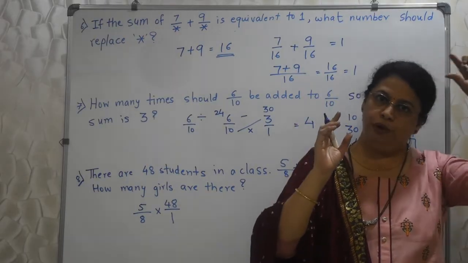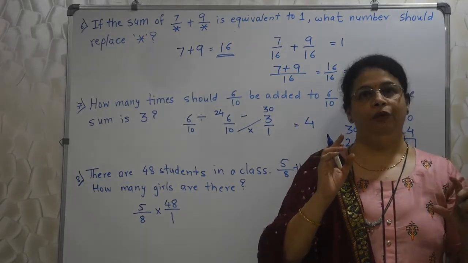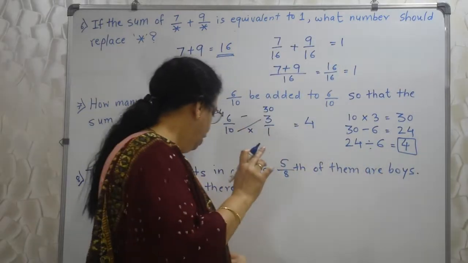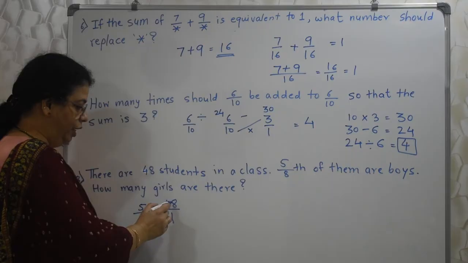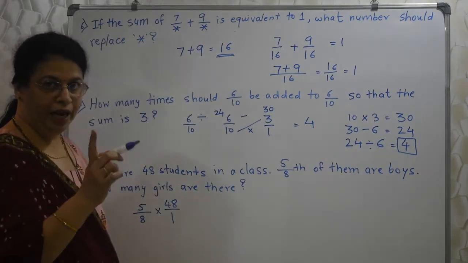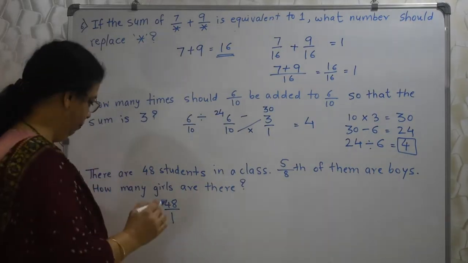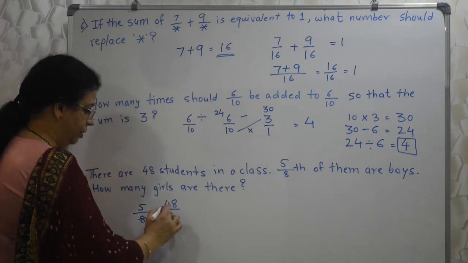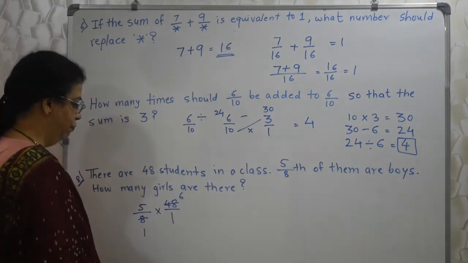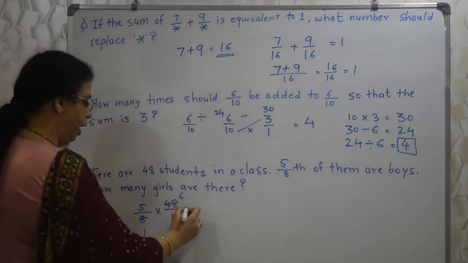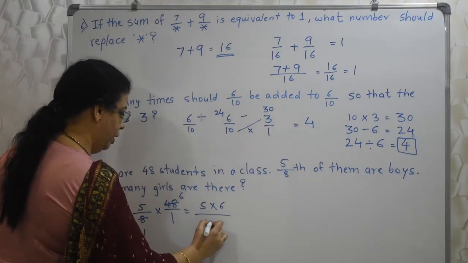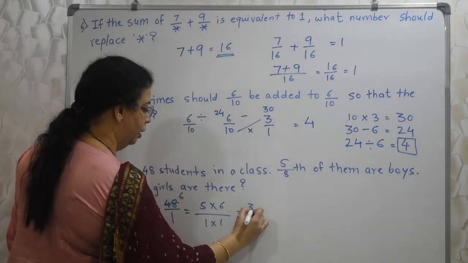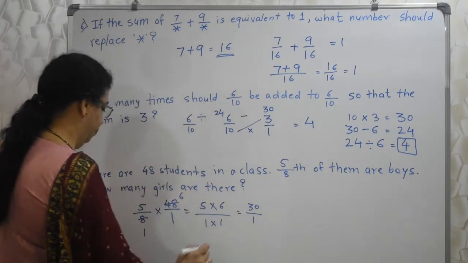One number has to be from the numerator, other one has to be from the denominator. Now here in this case, observe 8 and 48. 48 is completely divisible by 8 because 48 comes in 8's table. So 8 ones are 8, 8 sixes are 48. So what do I have now? 5 into 6 upon 1 into 1, that is 30 upon 1.